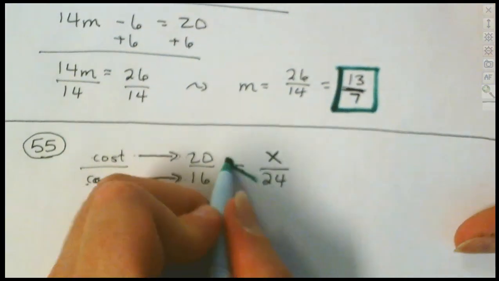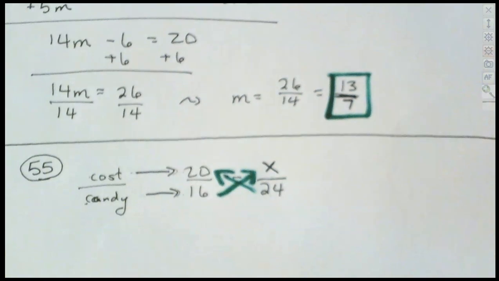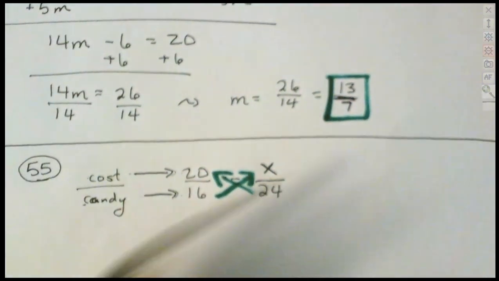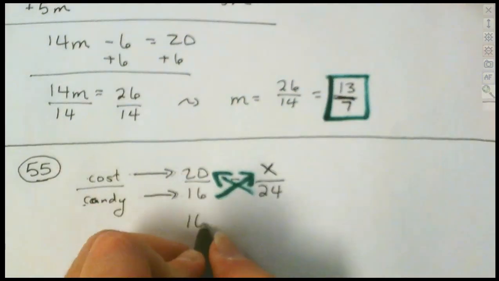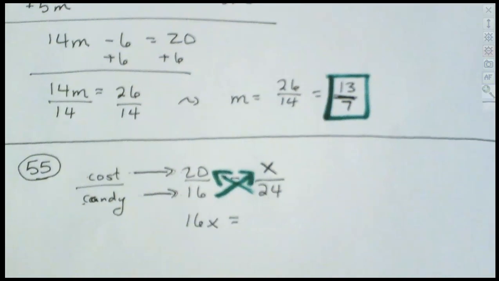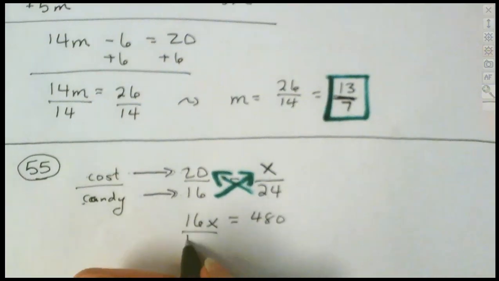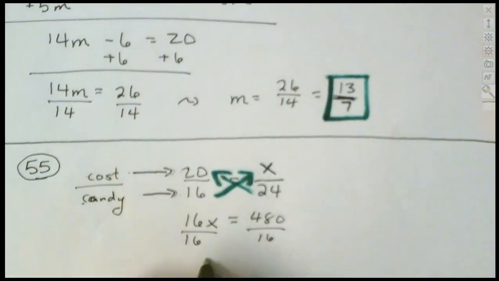Now we simply cross multiply. So let's go ahead and cross multiply here. When we cross multiply, we get 16x equals, and we've got 20 times your 24, that's 480. We're going to divide by our 16. And when we do that, we've got 480 divided by your 16.